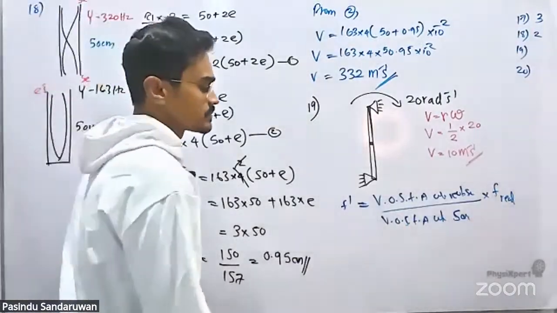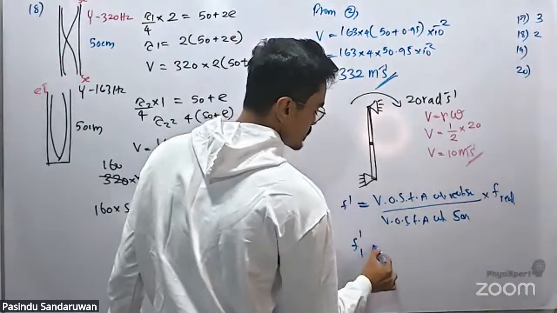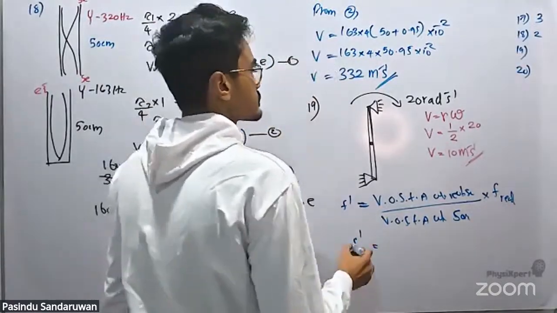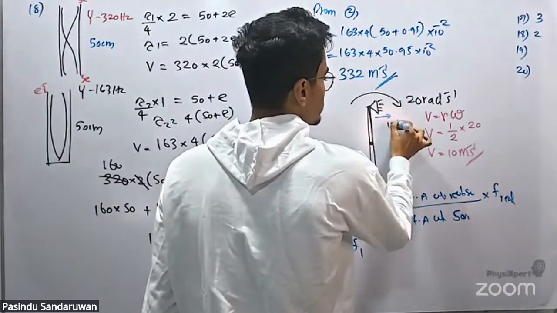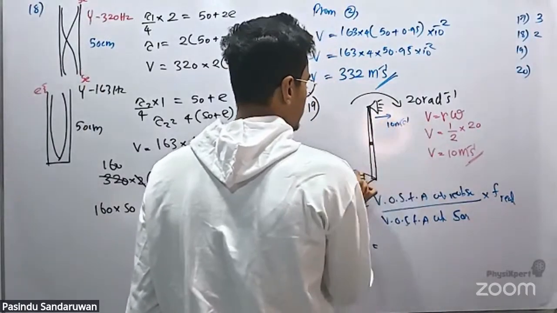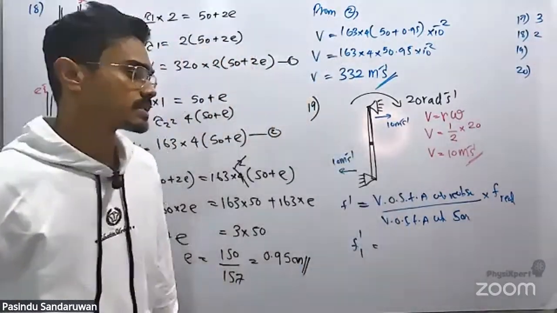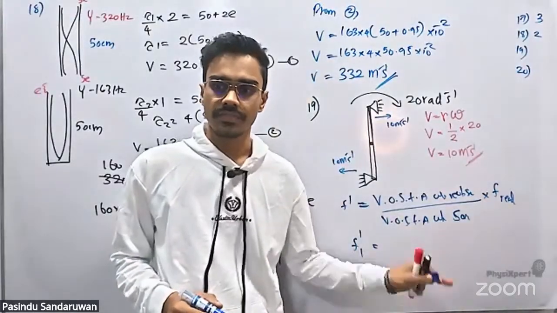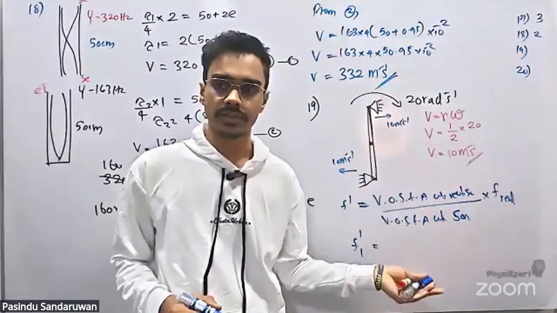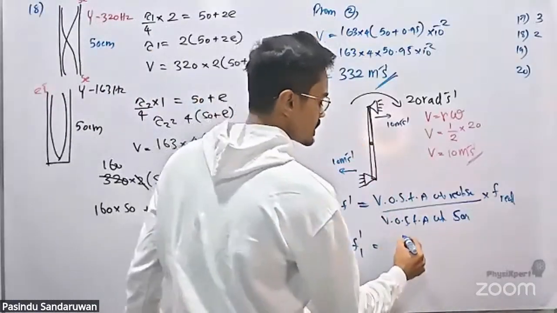Then let's say f dash 1. Now here there will be a velocity of 10 m s minus 1, and the observer is at rest. If the observer is at rest, there is no relative velocity for the observer, then only the sound velocity comes, that is 330.